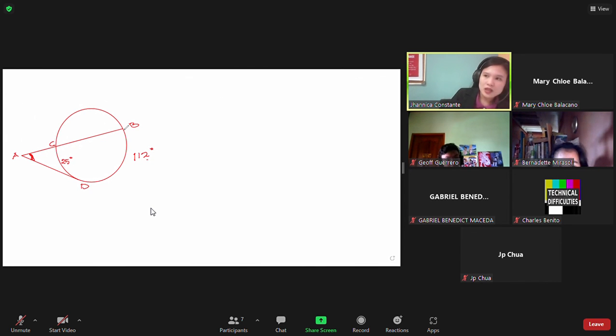Using arc BD minus arc CD, that will give the measurement of our angle A. So the measurement of angle A is equal to half of the difference of arc BD and arc CD.